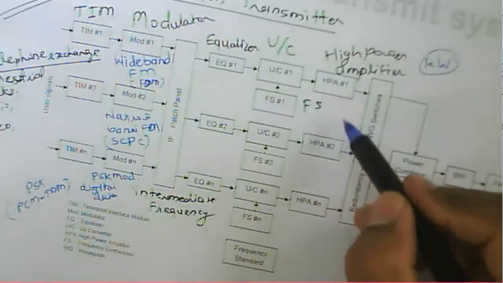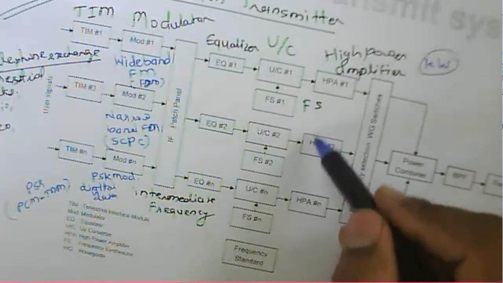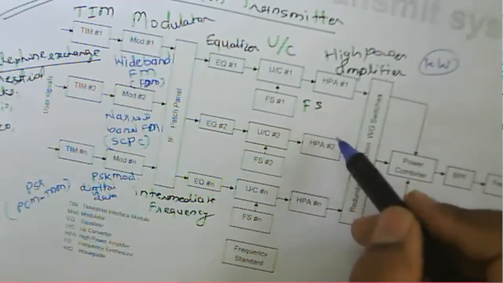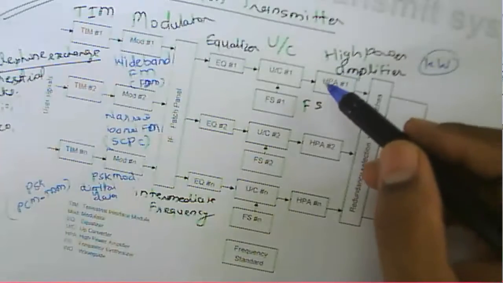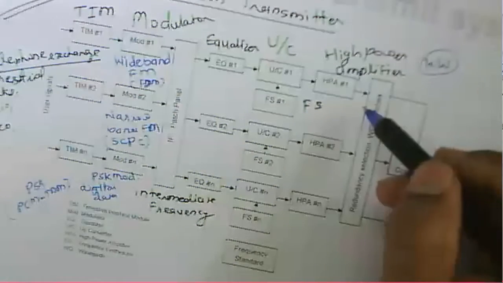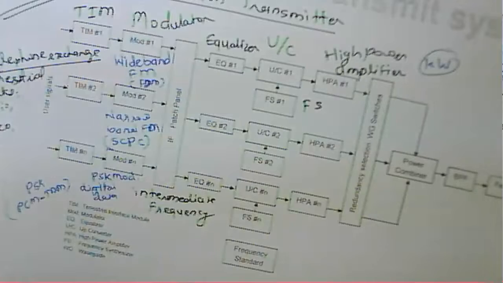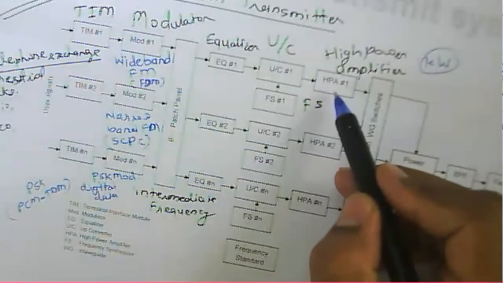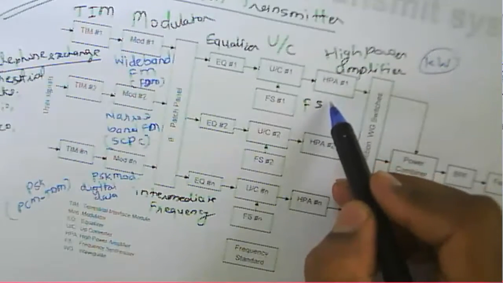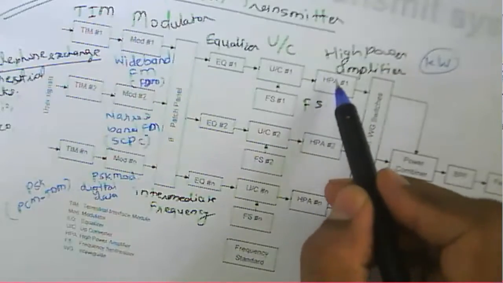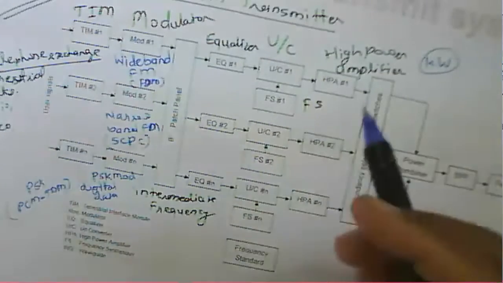Generally we can consider that various high power amplifiers are used in an earth station transmitter, because some of the high power amplifiers can be present for standby mode, and if some of the high power amplifiers do not work, then the standby high power amplifier is to be used. So the input is given to the high power amplifier.